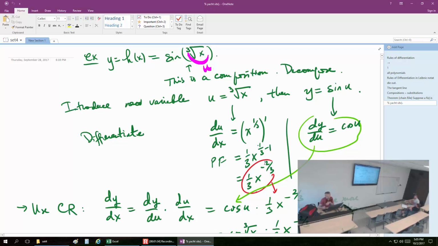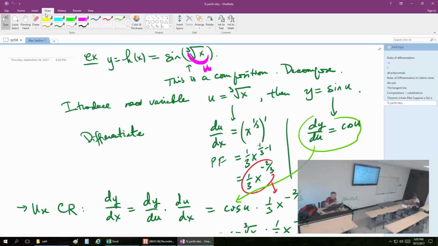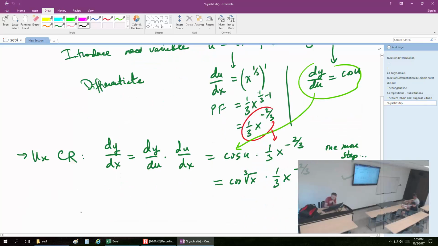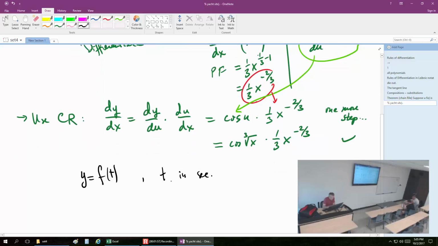Okay, and then what you might be doing is decide at some point that y is equal to f of t, and you're going to resize the time. So time in seconds, and now time in minutes.